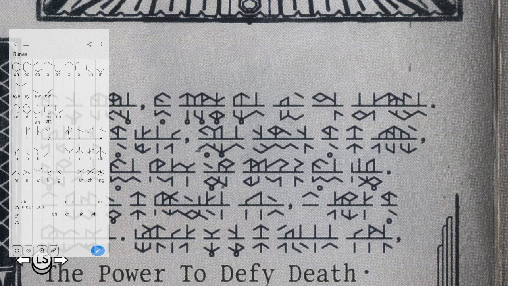But buried. Okay, this is making a bit more sense now that I've got it all written down in English in front of me.